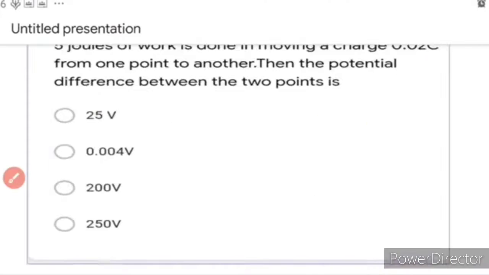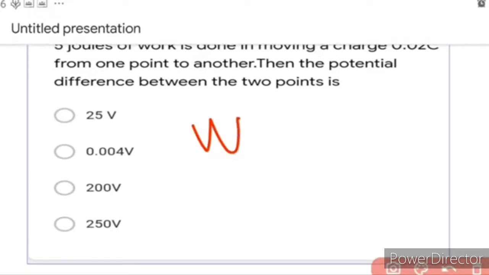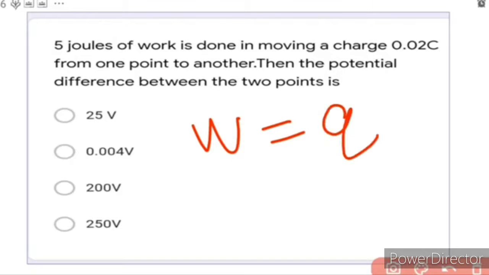Okay. Now coming to the next question. 5 joules of work is done in moving a charge 0.02 coulomb from one point to another. Then the potential difference between the 2 points is. So work done W is equal to Q delta V. That is our equation.